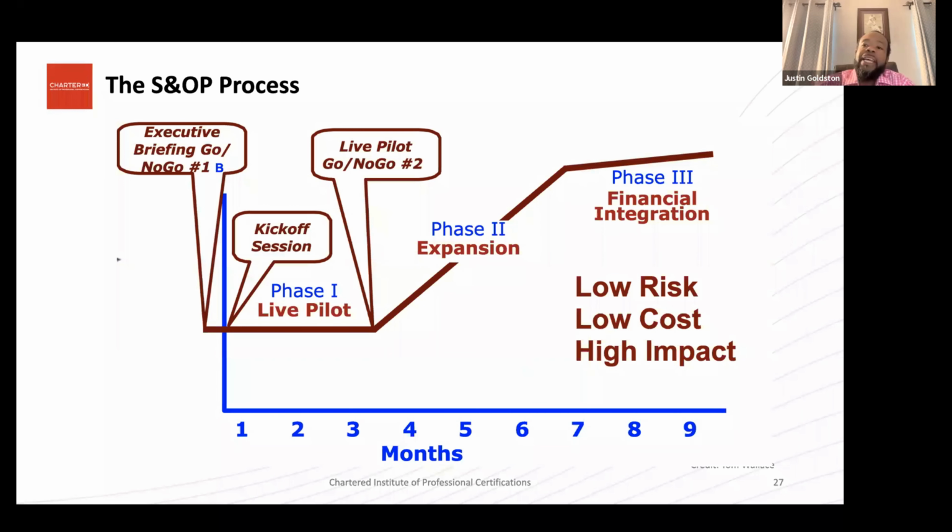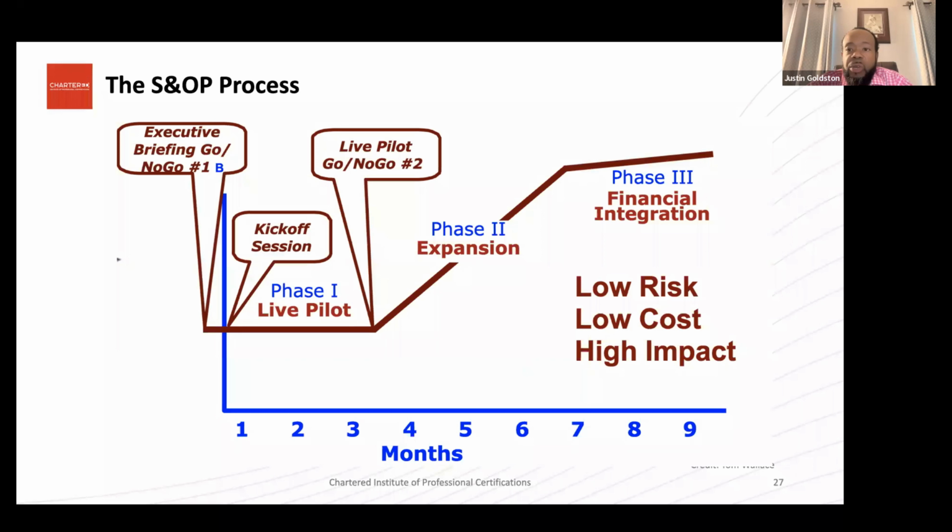And then once you perform that pilot, once you perform that testing, then you would do another retrospective to say what went well with the S&OP pilot, what did not go so well. If we need to pivot and make adjustments and do a second pilot, if you will. I've done that often from a consulting perspective. But once you have that second go or no go, then you would actually go live with this S&OP process.